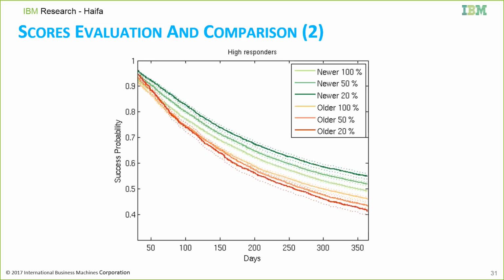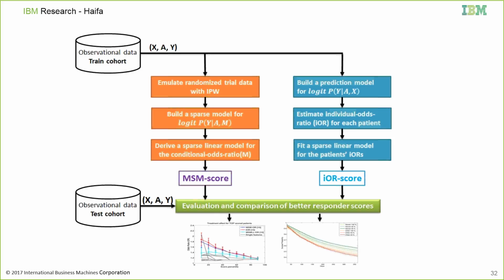The green here, looking at the top 20% of patients, is actually performing better in terms of the outcome than the one looking at 50% or 100% of the other group. So again, two methods to compute a score for estimating the odds ratio in order to identify patients who benefit more from the drug or drug class.